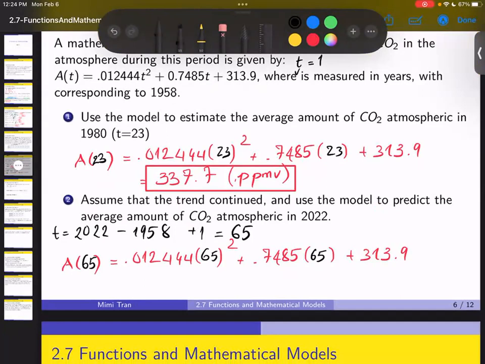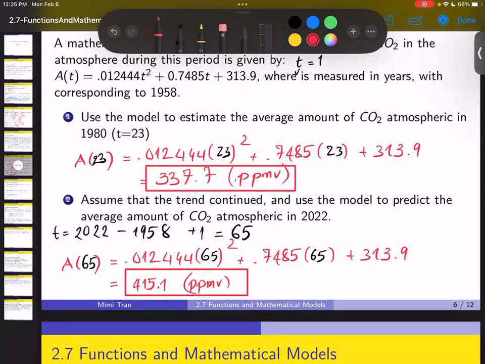Here, 415.1 parts per million volume. So far, so good. Problem is not too bad.